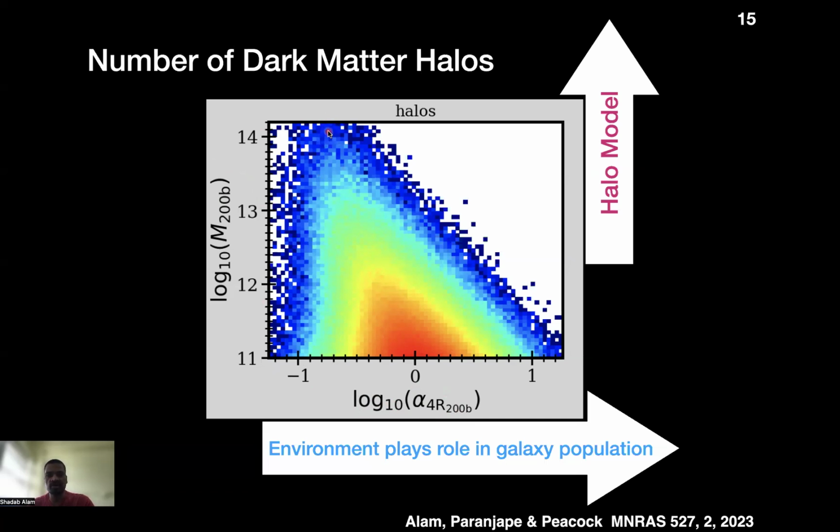Everything else is subdominant, right? But as you go to lower and lower mass, halos live in more and more tidally anisotropic environments, because their environment is determined by other things around them rather than the halo itself. So as you go to lower mass, this is a much wider distribution.